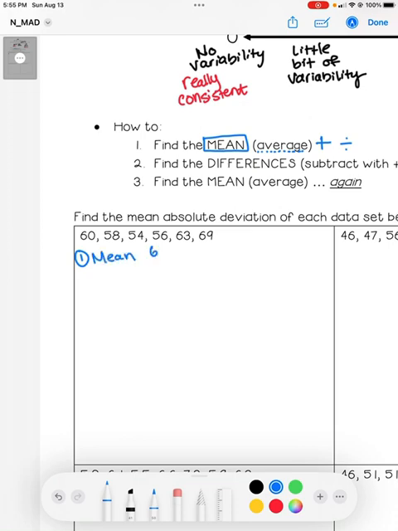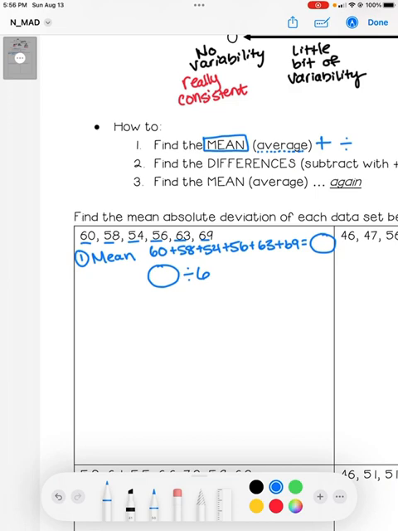We'd have 60 plus 58 plus 54 plus 56 plus 63 plus 69, and we'd get a number there. Then we would take that number and divide it by however many data points we just added. So we had 1, 2, 3, 4, 5, 6 data points.